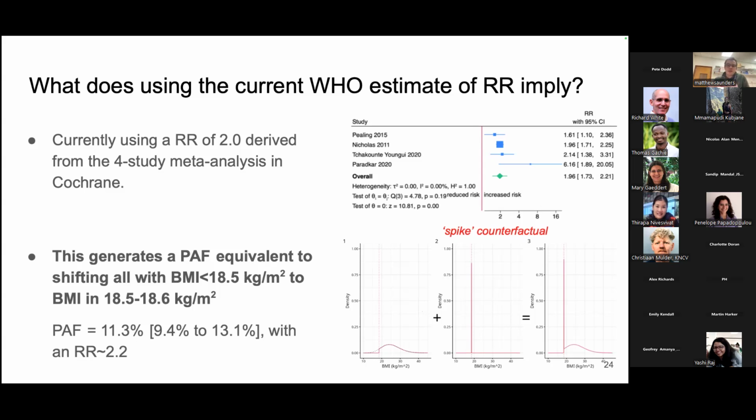And that, if you then do all the computations, would give you a PAF of about 11% and a relative risk of about 2.2. So the implicit assumption of what WHO is currently saying is that by eliminating undernutrition we would avert 11% of TB. When we say eliminating undernutrition, what we're actually saying is just nudging them up to above the arbitrary cutoff.